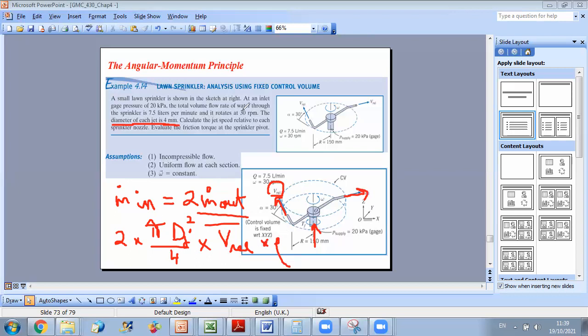We know that fluid is water, يعني rho is 1000. We know the diameter of the jet. We know m dot in. This will allow us first to calculate the relative velocity. So now we know the magnitude of the relative velocity اللي عم تطلع على exit. Okay, so this is measured with respect to the إذا بدكم to the rotating part. Okay, يعني this will give you the velocity at which the jet is leaving the sprinkler.